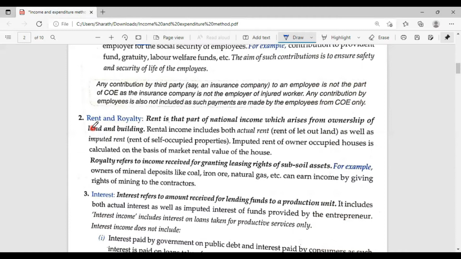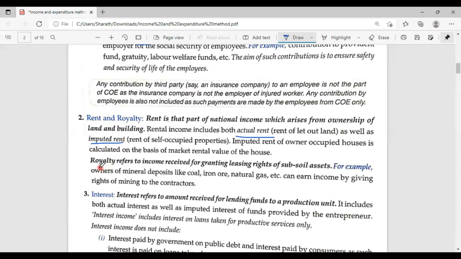Imputed rent is the rent of a self-occupied property by the landlord. Actual rent is giving the land for rent to the firm. Both imputed as well as actual rent will be taken into consideration while measuring rent. We have something called royalty. Rent and royalty come under the same umbrella.